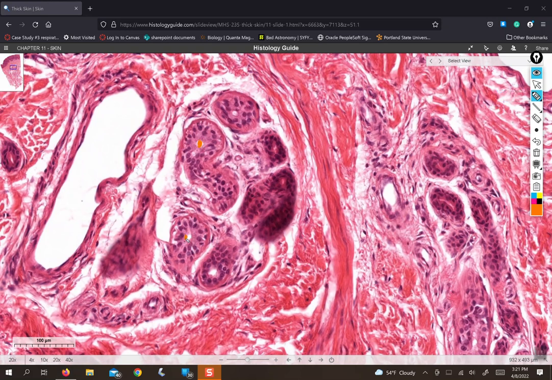And then surrounding those lumens are tubes made of stratified cuboidal or sometimes simple cuboidal epithelium. So each of these is not only a sweat gland, but specifically, I'm making myself a little space to write here that's a little bit easier to see.